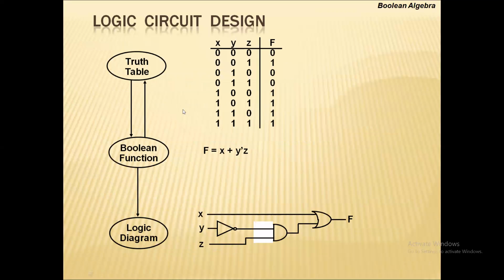So if we want to realize a logical circuit, then we will be having a truth table, the Boolean function for the output, and eventually the whole logical circuit.